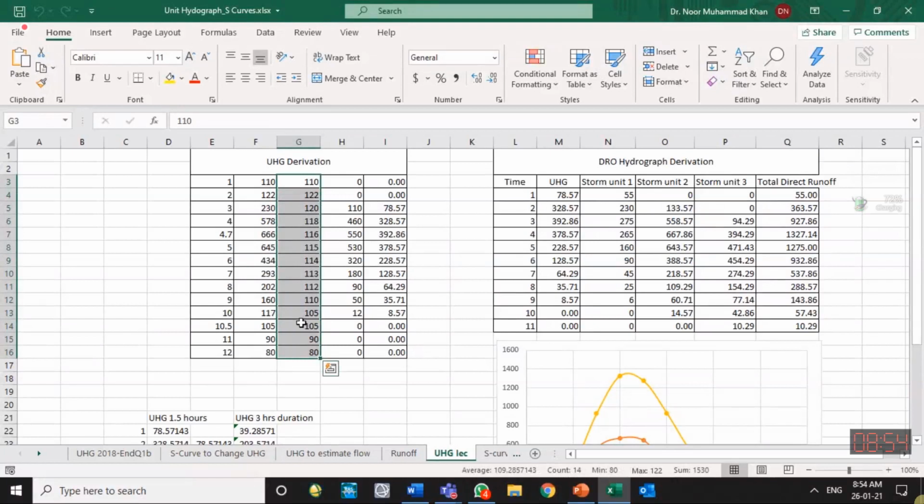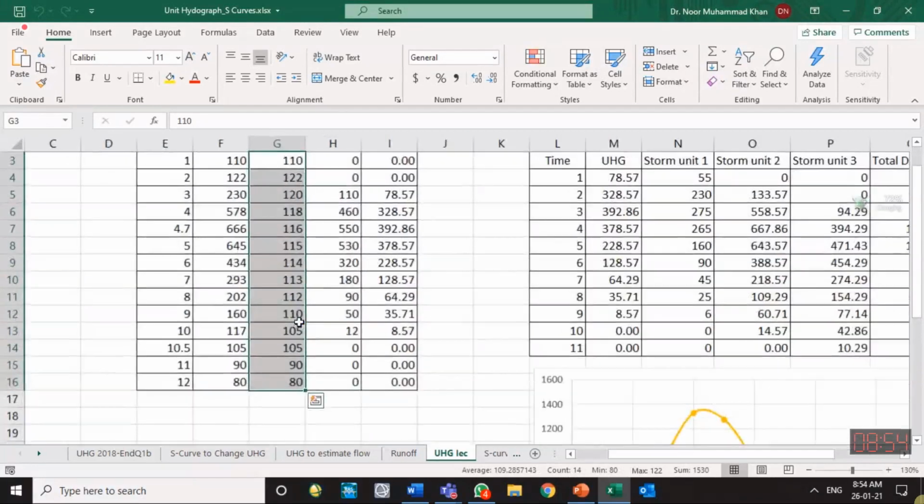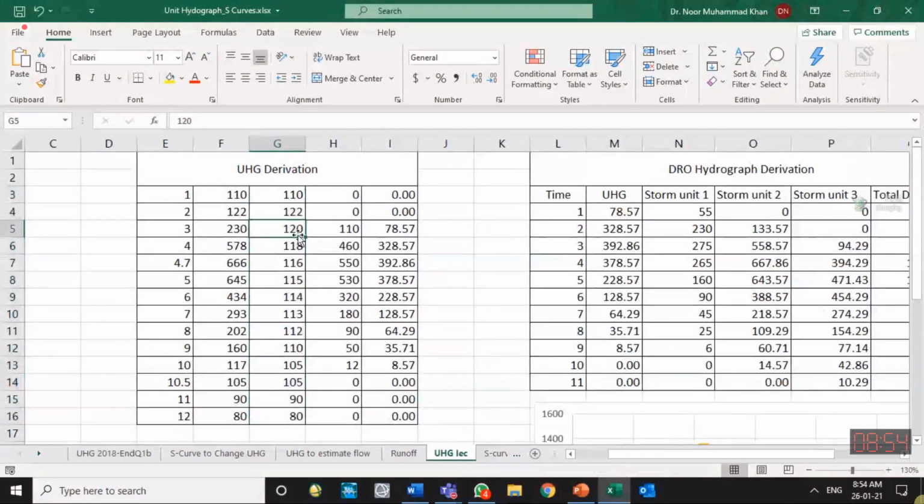G column contains the values for the base flow as given by the question. Subtraction of this will give you the DRO, and this DRO is because of the effective rainfall of 1.4 inches. So divide it by 1.4 and you will be getting these ordinates. These are the ordinates for the unit hydrograph.